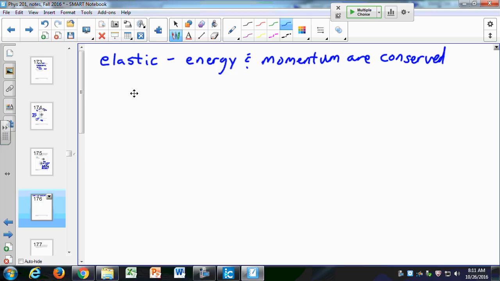I have a 1 kilogram particle moving at 2 meters per second, and it collides in an elastic collision with a second particle that is 2 kilograms, and its initial speed, v2 initial, is equal to 0. This is v1 initial is equal to 2 meters per second.